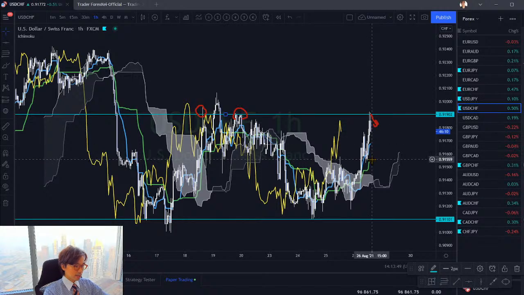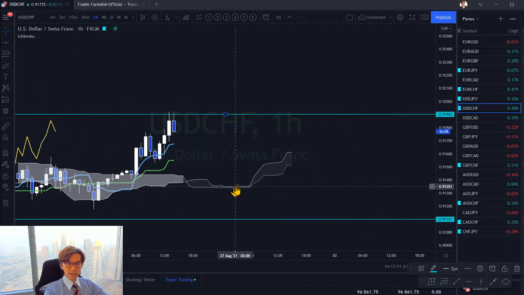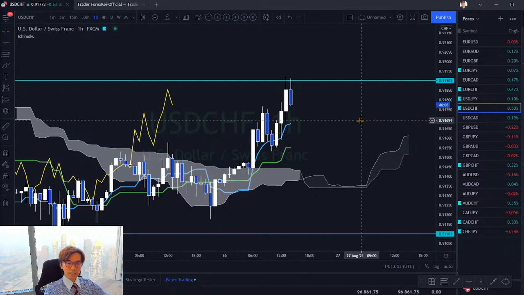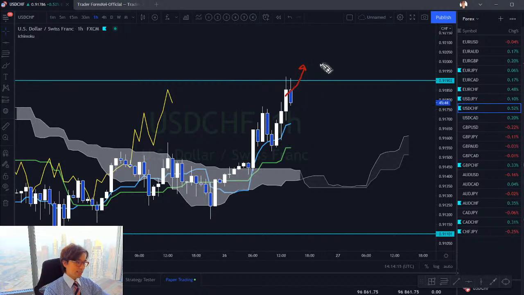If I enlarge the market like this, it is reversing backwards. So it might reverse all the way back to Tenkan-sen or Kijun-sen. Since Kijun-sen is flat, it might reverse all the way back to Kijun-sen. So this one is also not a good market to be in. We have to wait until the market breaks that previous resistance level, and look for a buy chance.